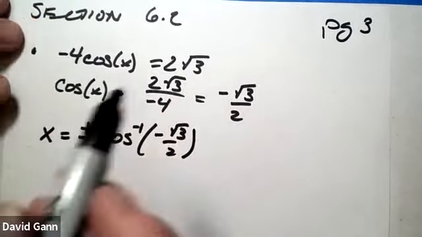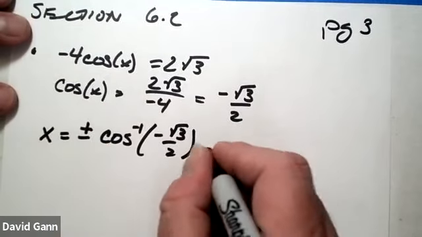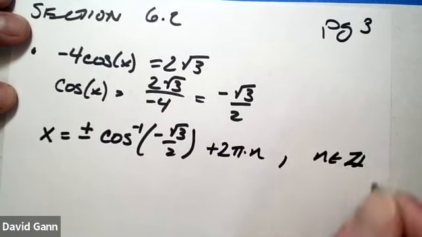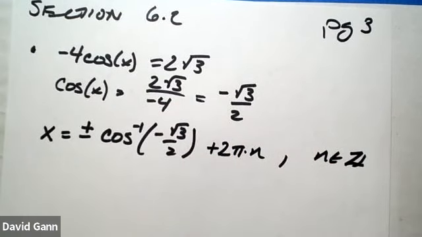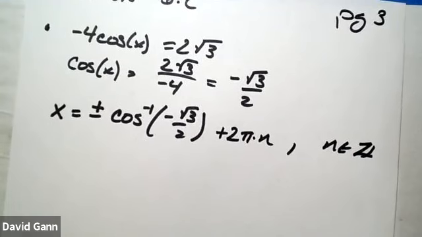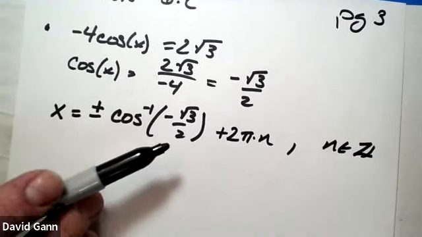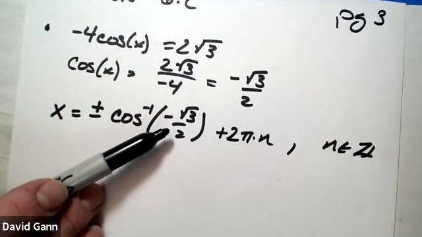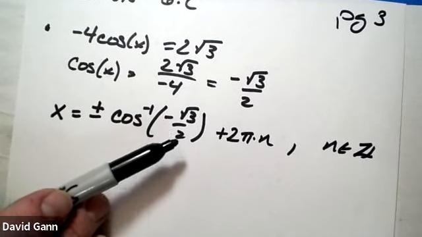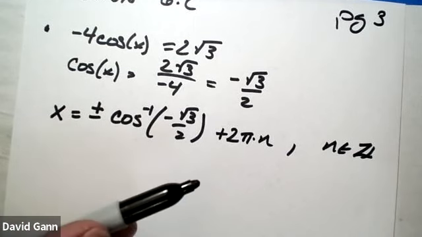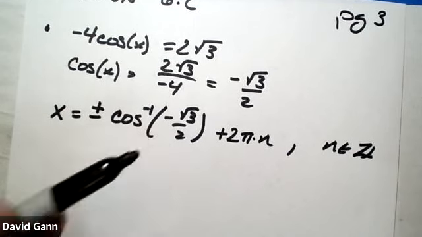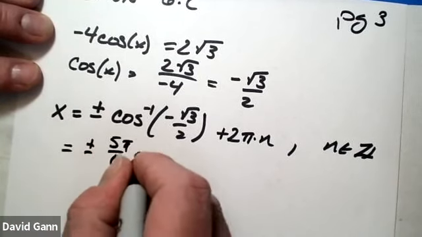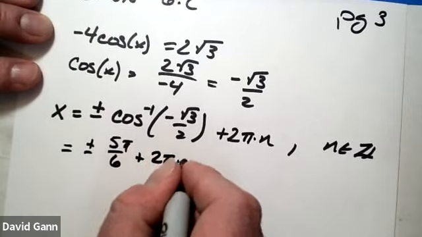And like before, to be careful here, there should be a plus 2 pi times n, where n is any integer. Now, as you recall, this value is an angle in quadrant 2, where cosine is negative. The reference angle is pi over 6, so this is actually 5 pi over 6. So we end up with plus or minus 5 pi over 6 plus 2 pi times n.